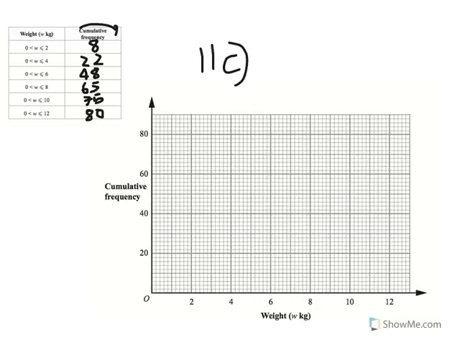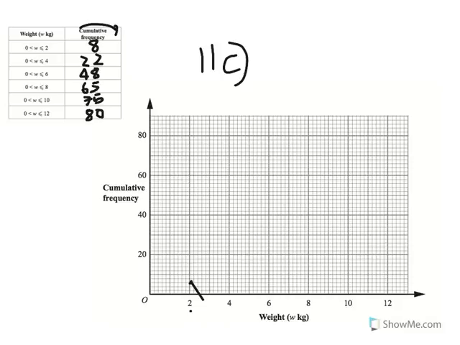So for the first point, it's 2 and 8. So we go from 2, and we look for 8, and we plot it. So that's about there. That's 1 point there, right? Then the next one is 4 and 22, which is here. Then the next one is 6 and 48, and that is about there.